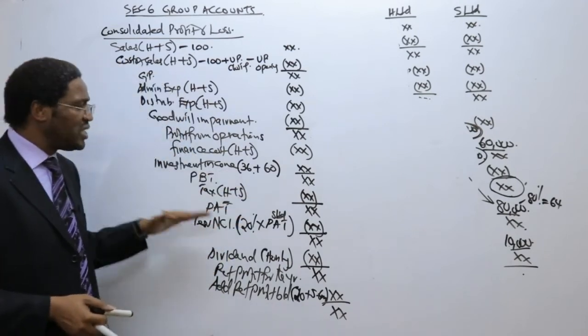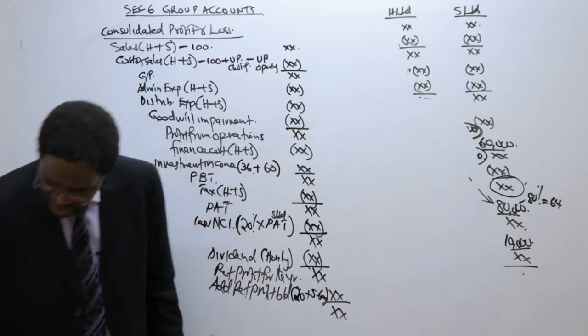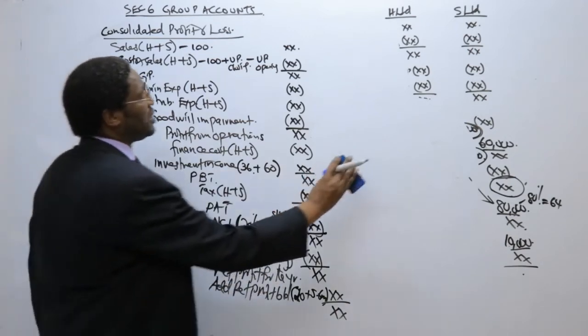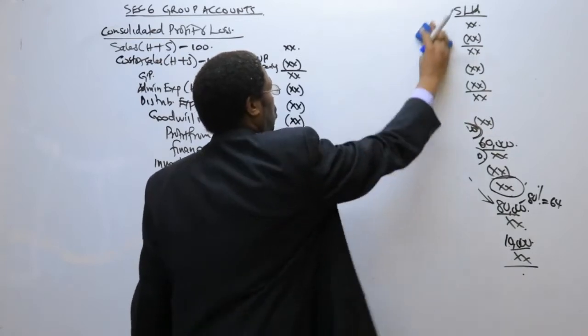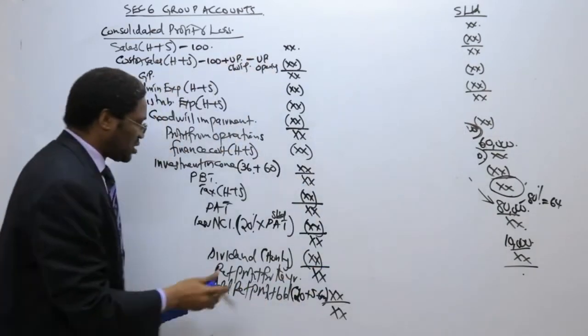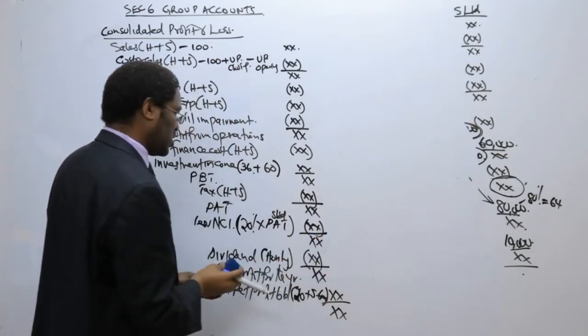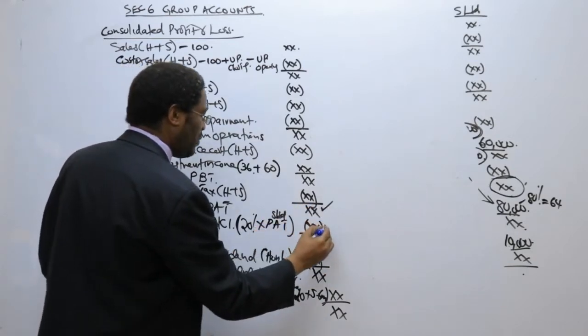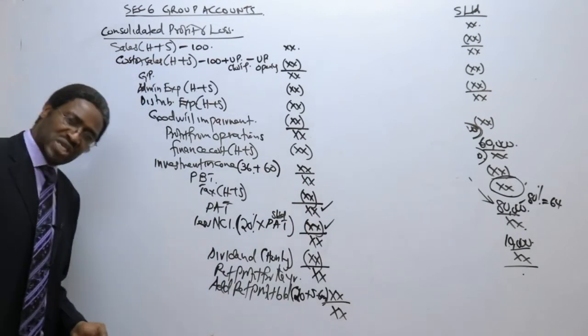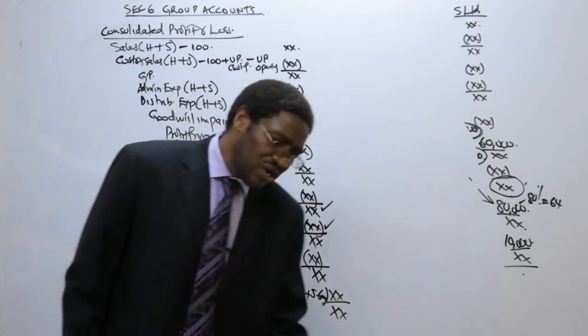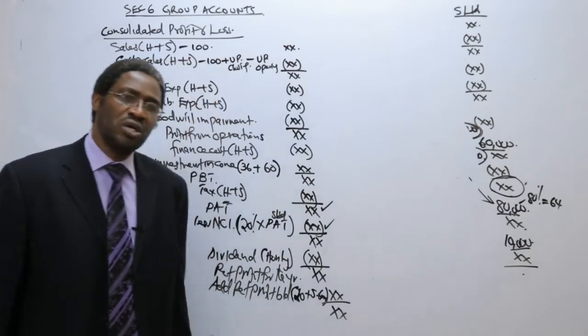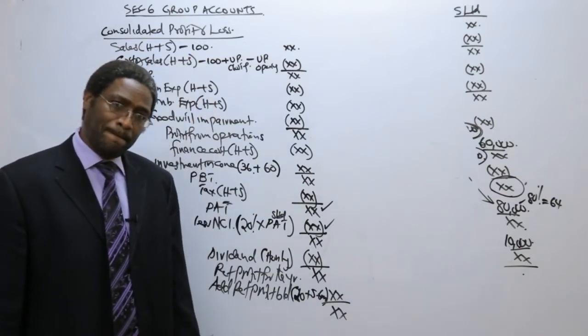And so we said when you are preparing the group profit and loss, once you get the profit after tax for the group, you now come and remove what belongs to the outsiders. Those are the non-controlling shareholders, or what some books will still call minority interest.